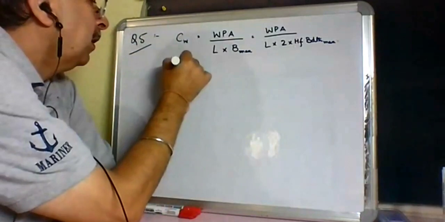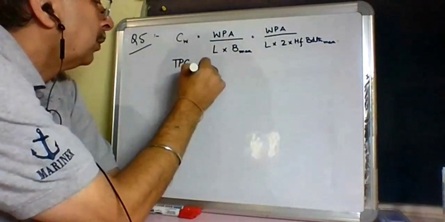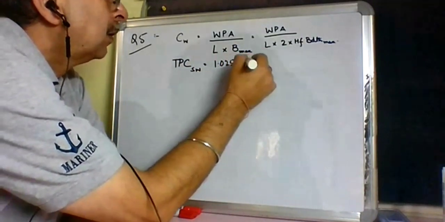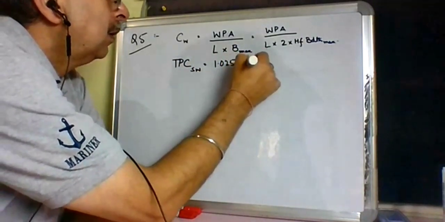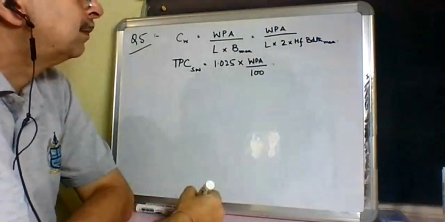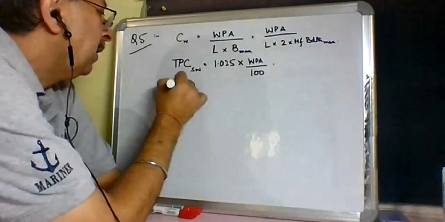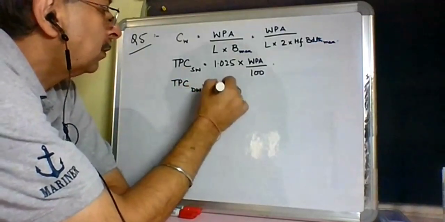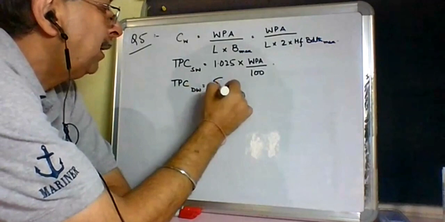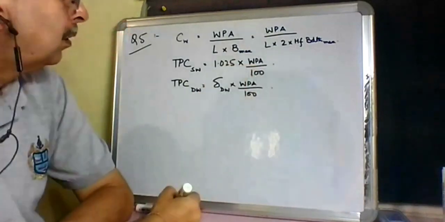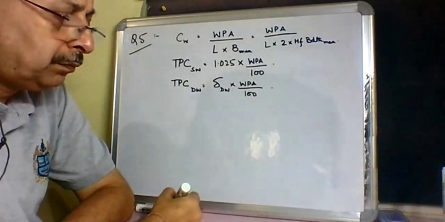Then similarly, TPC salt water is density of salt water into water plane area, divided by 100. And similarly, TPC dock water will be density of dock water into water plane area upon 100.